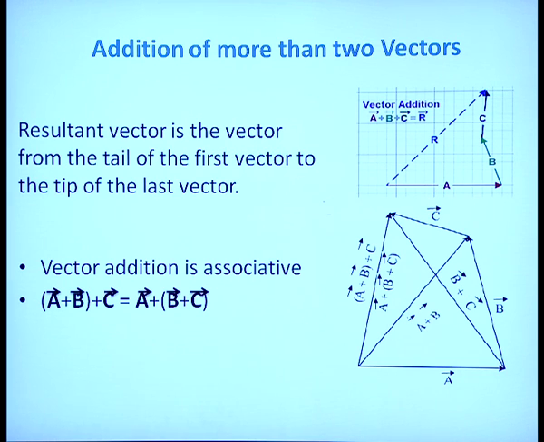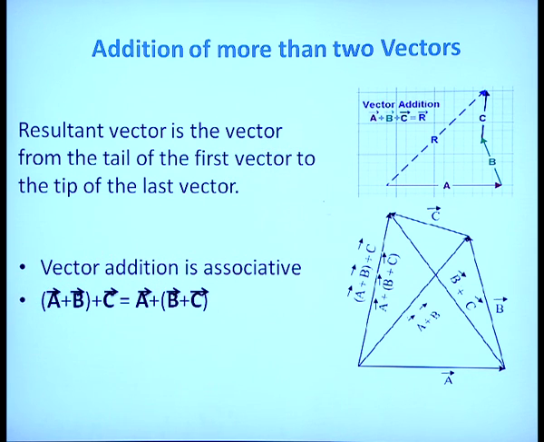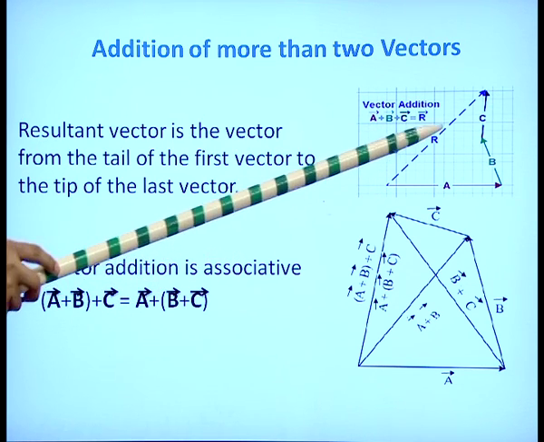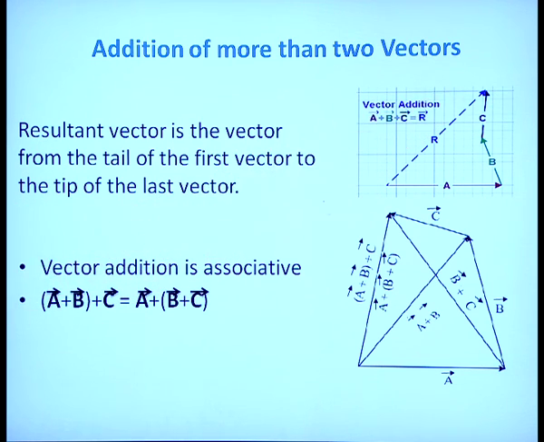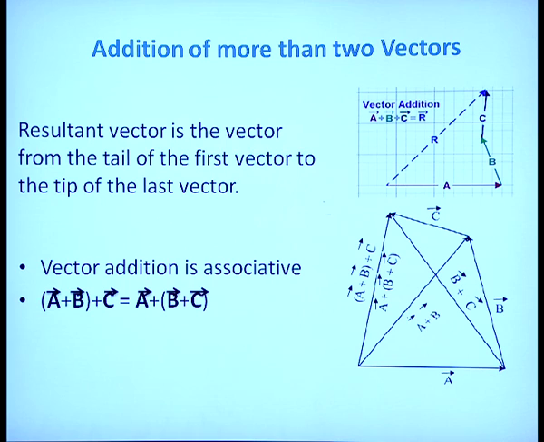As you can see from the screen, here we are taking 3 vectors A, B and C. Now, to find out the resultant of the three vectors, we have to join the tail of the first vector to the head of the last vector, that is head of vector C. Now, if we join, it gives the resultant R. So, like this you can add more than two vectors.